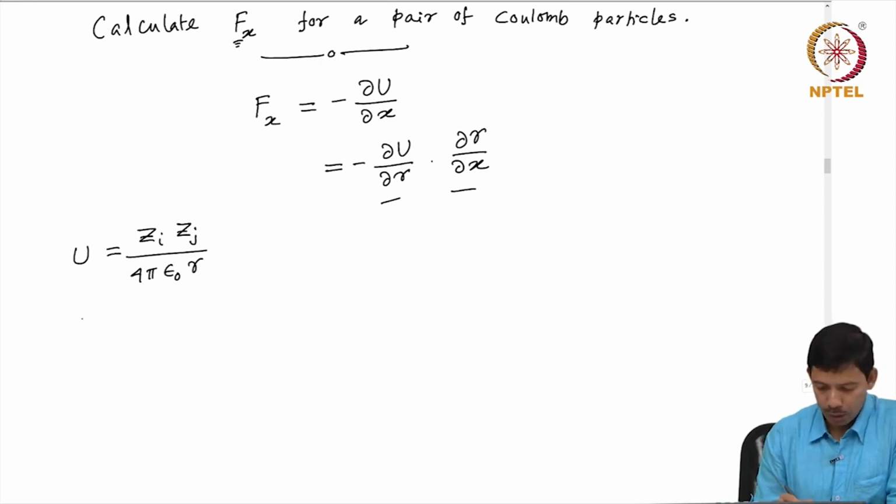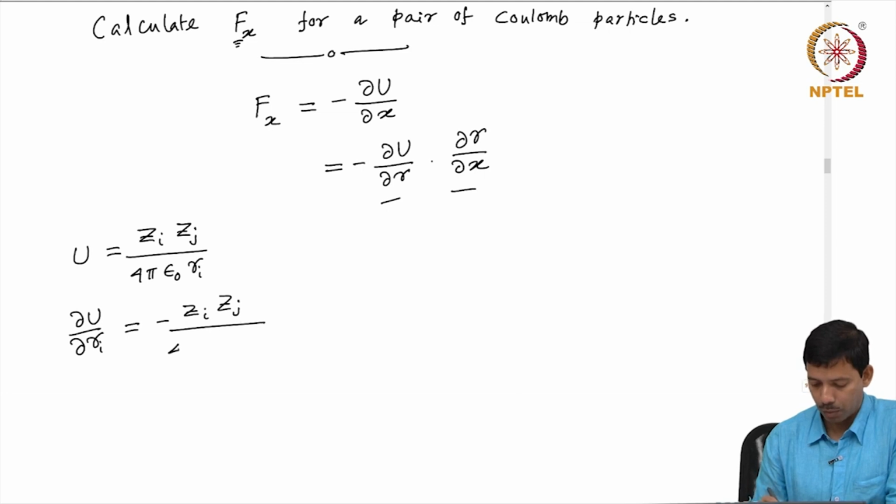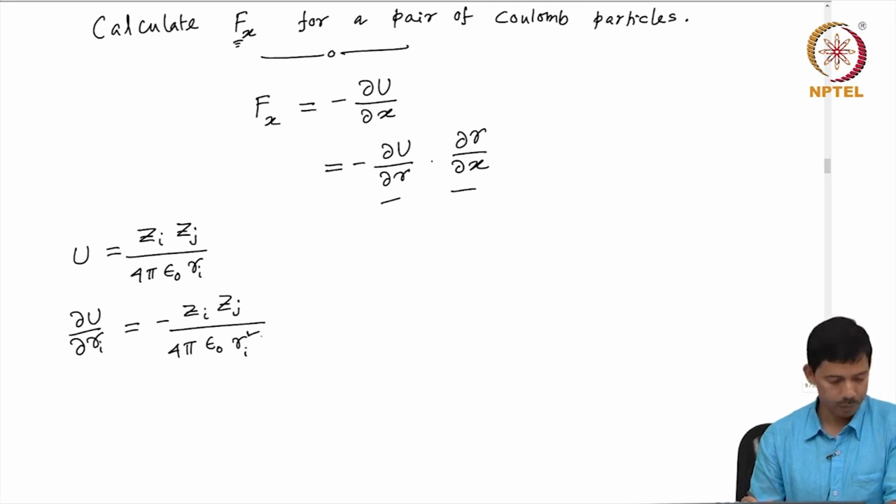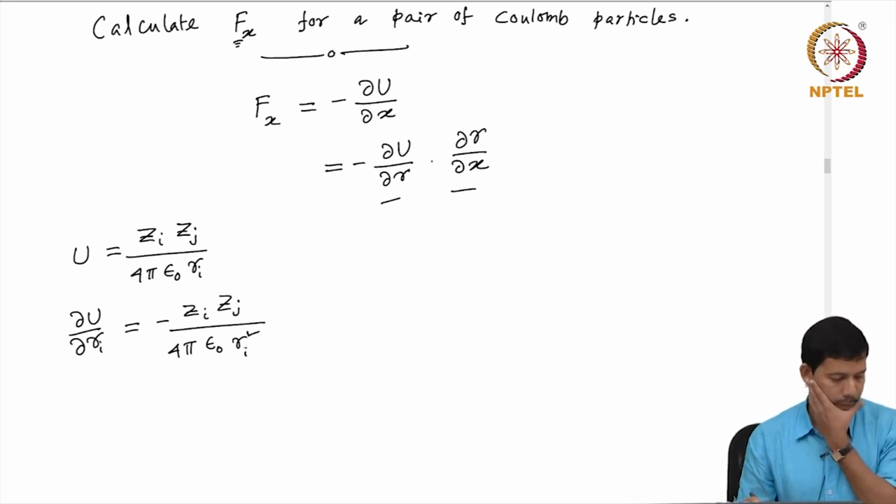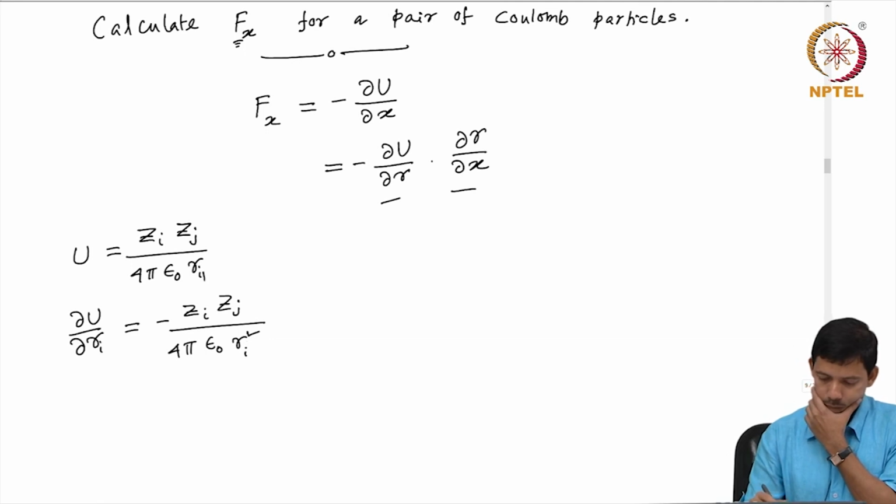So my del u del r is equal to minus Zi Zj divided by 4 pi epsilon 0 Rij square.